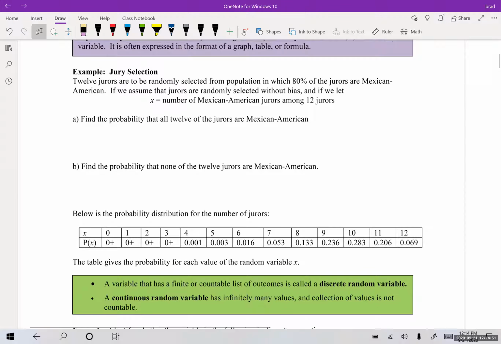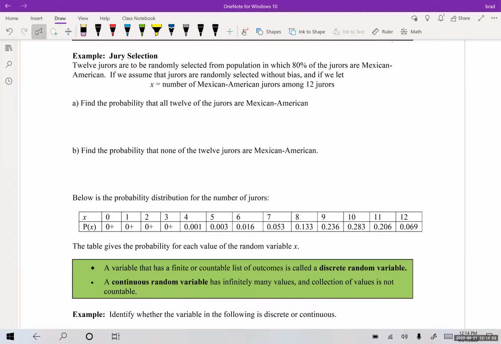And here's the data for the probabilities given. So right now, we don't know how to find this information on our own. So they gave us a table to do it. Later on in the second half of chapter 5, we'll learn how to find these probabilities without somebody giving them to us.